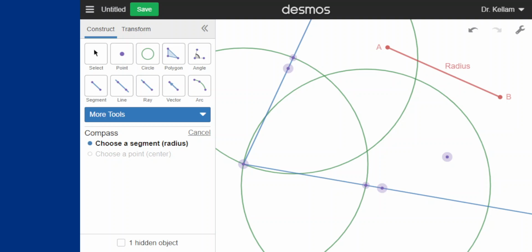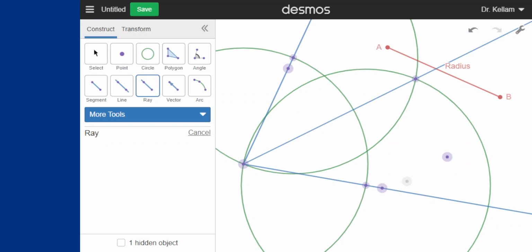The first one centered at the vertex of the angle, and then the other two are going to be at the intersections of that first circle and the other two.